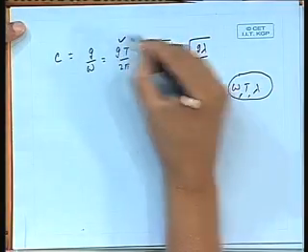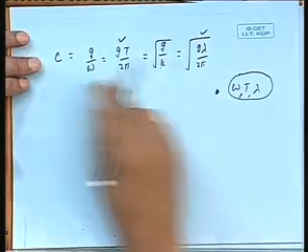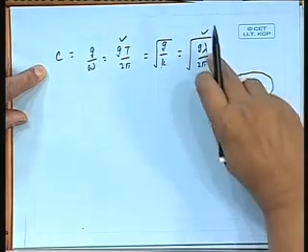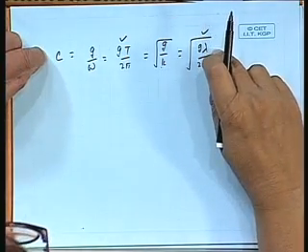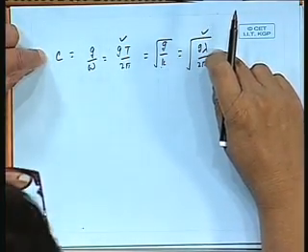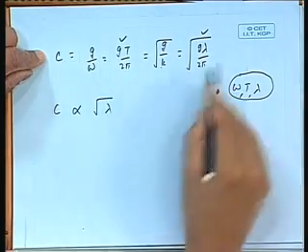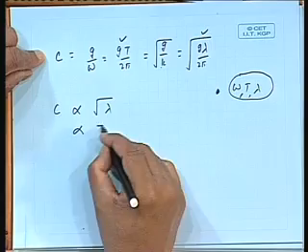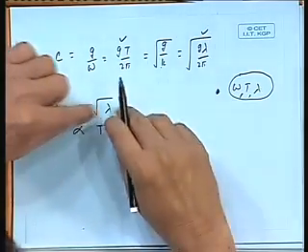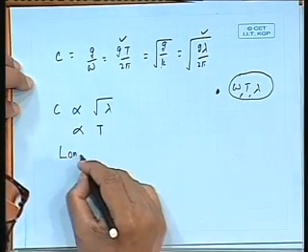What do you find? It is easier to look at these two. If lambda is long, c is also higher. So, c is proportional to root over of lambda. Also, c is proportional to T. So, this tells me longer waves travel faster.